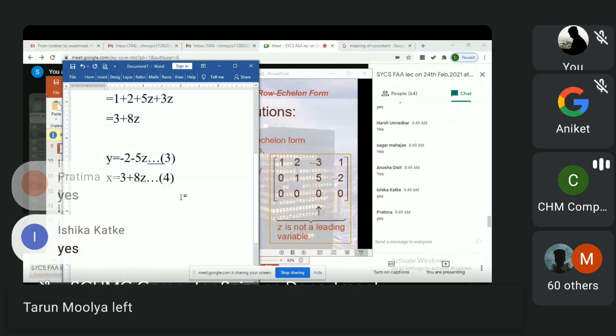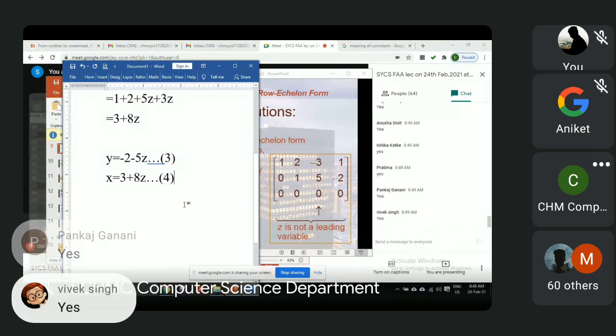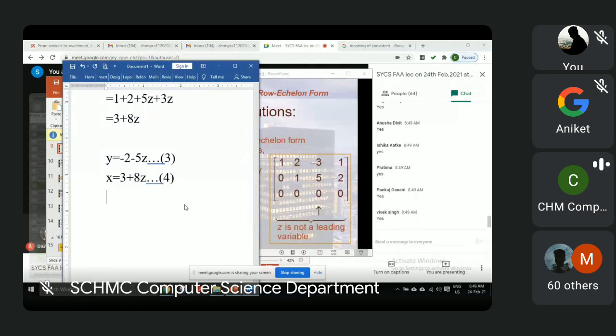Now once it depends on z, I will say you give me a value of z, I will give you a value of y and x. So if I take z equal to 1, what will be my values of y and x?